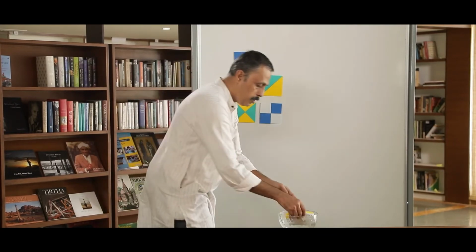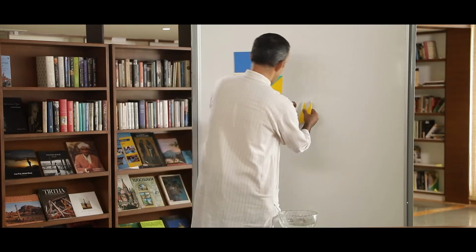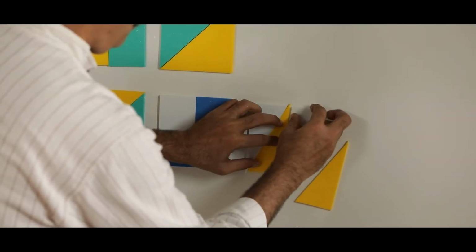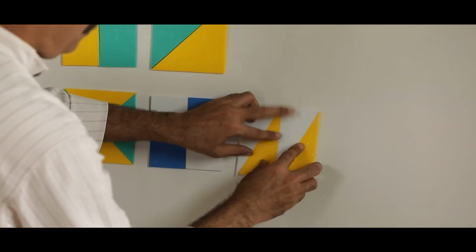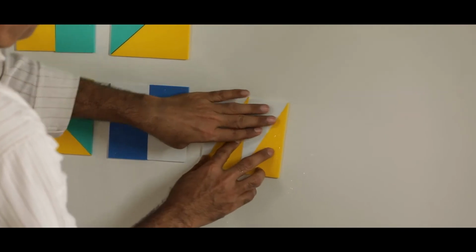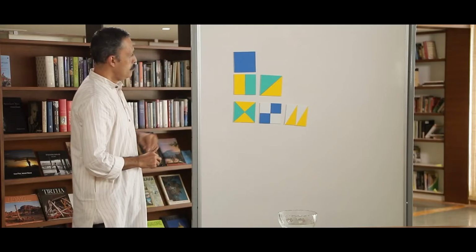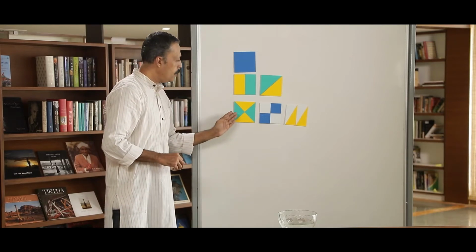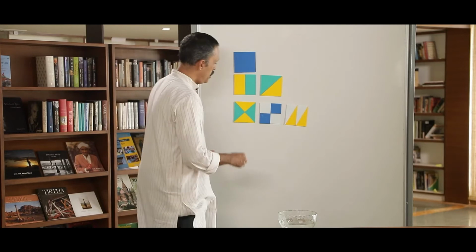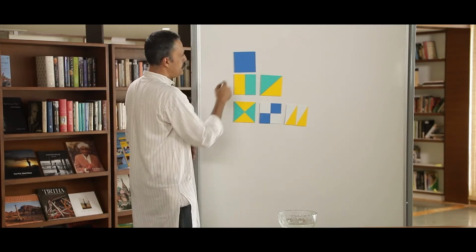There is one more way. This one full object has been cut into four parts in this way, and this way. They are all equal parts.